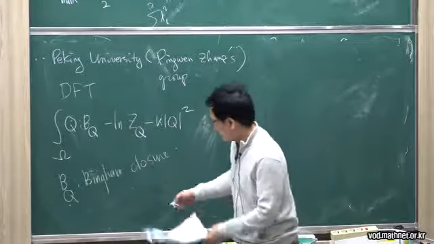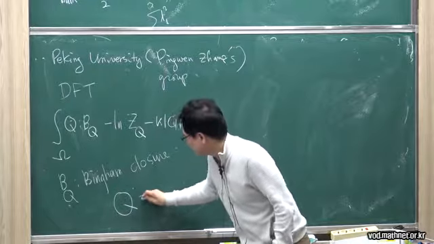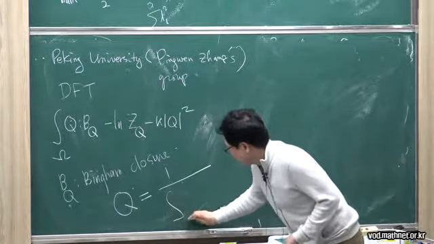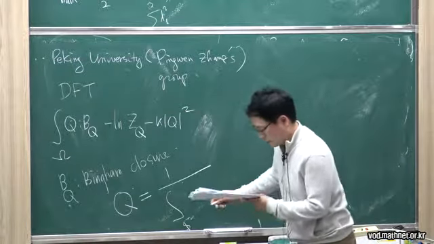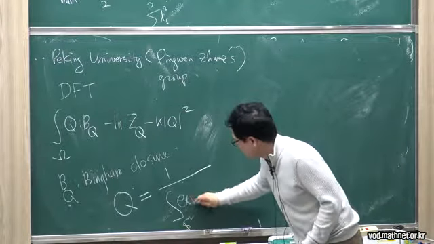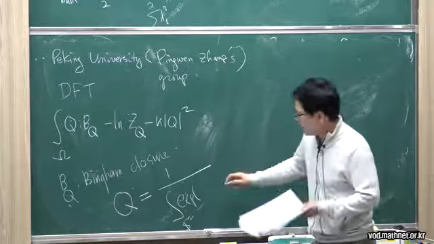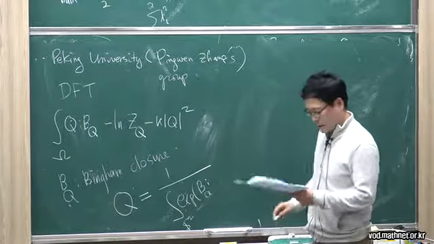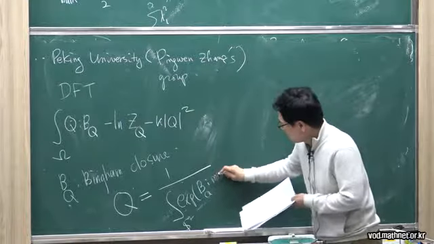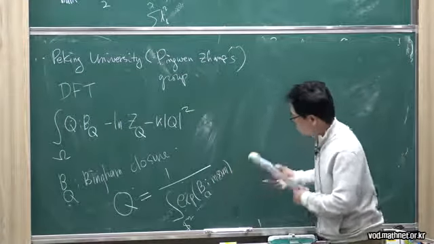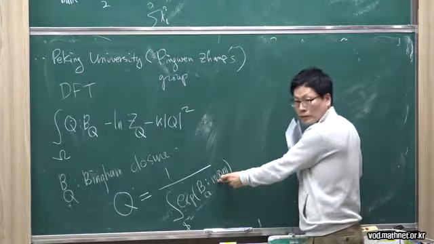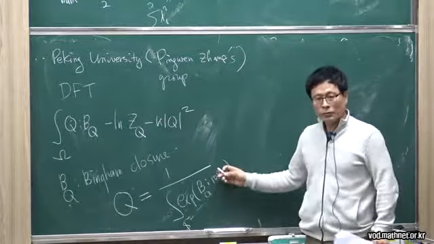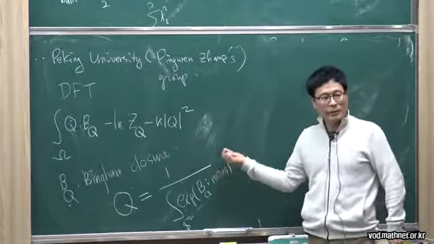So whenever matrix Q is given, I can always find the integral over S2 of the exponential function of the matrix BQ and then M tensor M. This is a 3x3 matrix, this is a 3x3 matrix, and then the inner product between matrices: you multiply component by component and then sum them up.